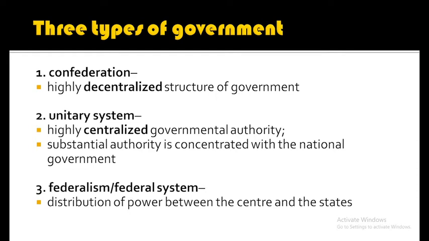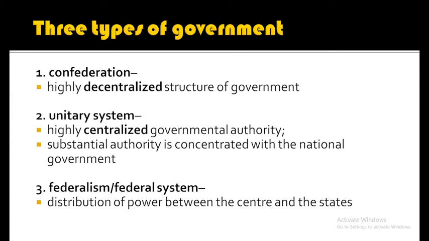Confederation simply refers to those governments where there is high decentralization of power. In other words, confederations are those where equal entities or sovereign states come together and form an alliance for defense or any other agreed purposes.